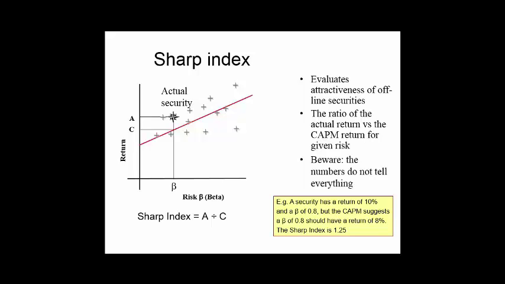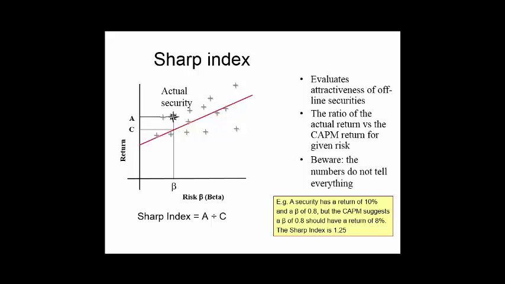The Sharpe index is relatively straightforward to evaluate if the returns and risks are understood. In the example here, we're looking at a security that is exhibiting a 10% return and is understood to have a beta of 0.8.